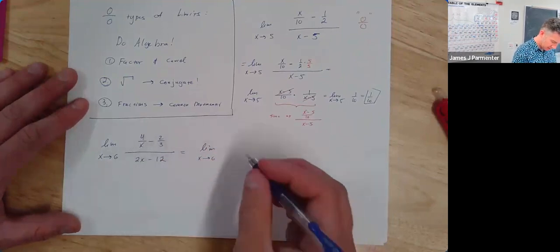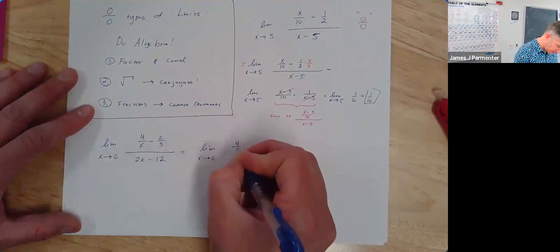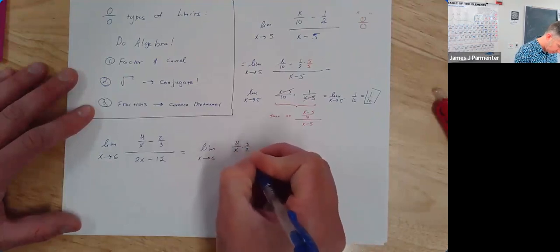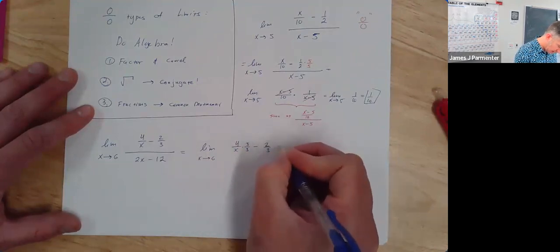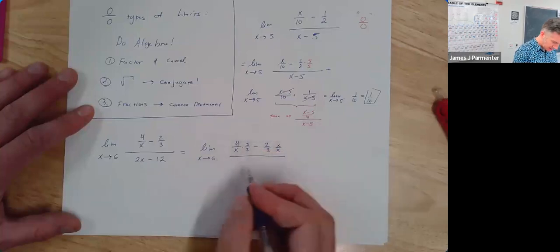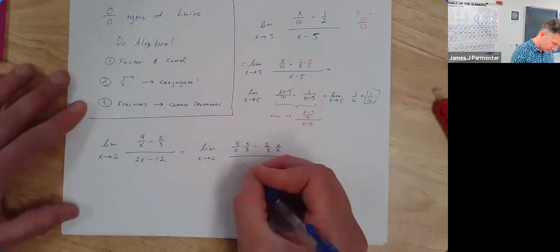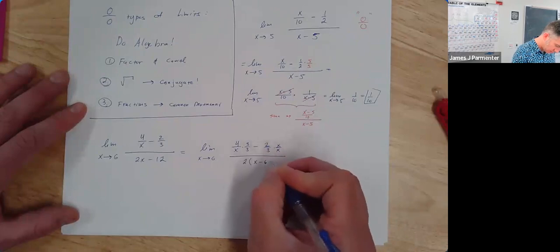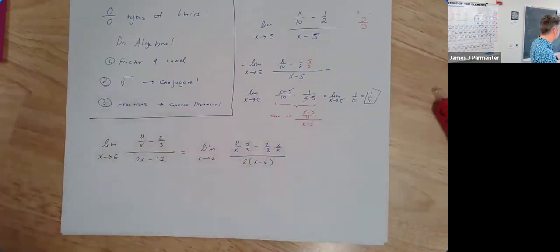So in this case, I need to multiply 4 over x by 3 over 3 and 2 over 3 by x over x. And in the denominator, I'm going to factor out the 2 because I can. Because I can see that if x is approaching 6 and that's making me have a 0 over 0, I'm probably going to need to factor out and cancel out an x minus 6. That's what's making me have the problem.